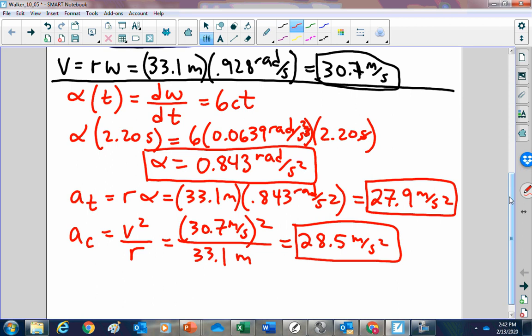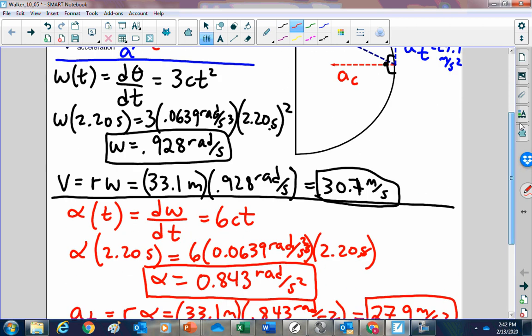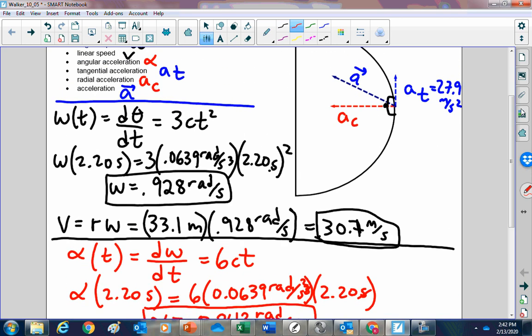Then that would be this value. Looks like my picture is not just right.